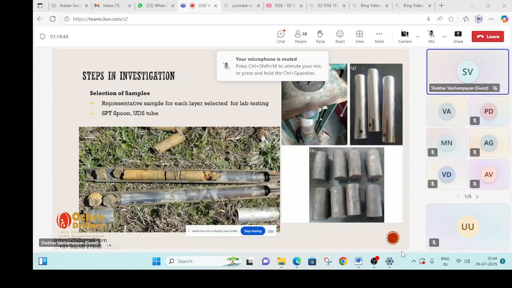On the other hand, for the undisturbed soil samples, the shorter chrome plated UDS tubes are used. Chrome plating is done to reduce the friction, and these are placed inside the sample extractor. You can put two tubes together, and a ram is pushed from down below, and the soil sample is collected inside this. And you can see the extracted sample is placed outside, the clay samples.